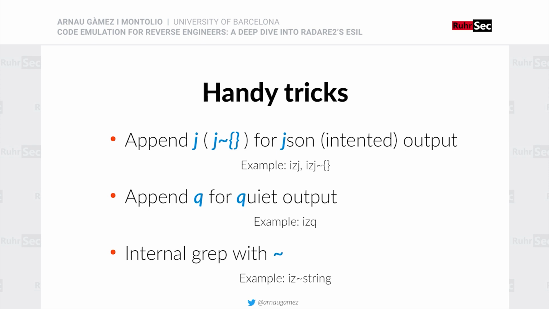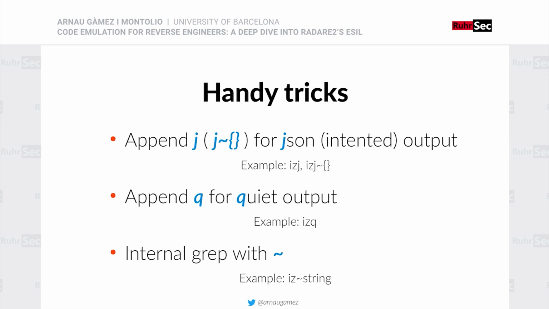So some handy tricks that we can use with radare2 are the following. As you can see, we can append a j for the JSON output formatting. This will just get us the output of the command prefixed with a JSON format.